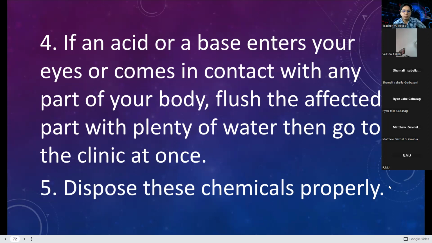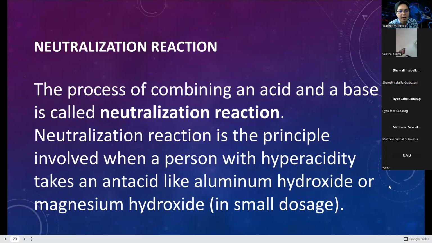The fifth one, dispose of chemicals properly. I'll be discussing proper chemical disposal in your laboratory safety precautions. Neutralization reaction: the process of combining an acid and a base is called neutralization.